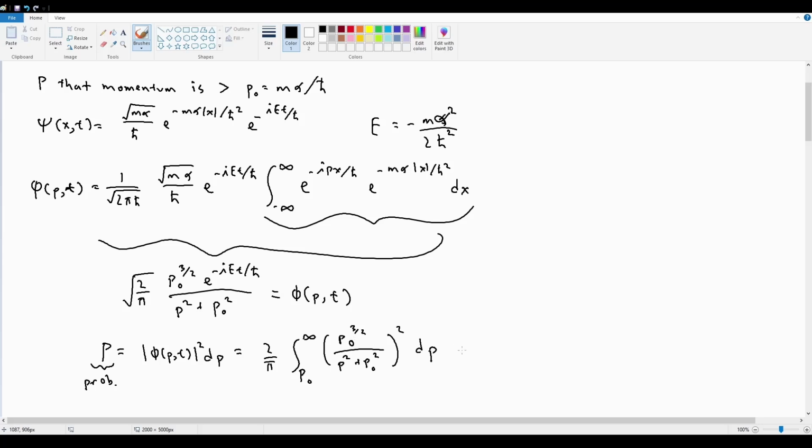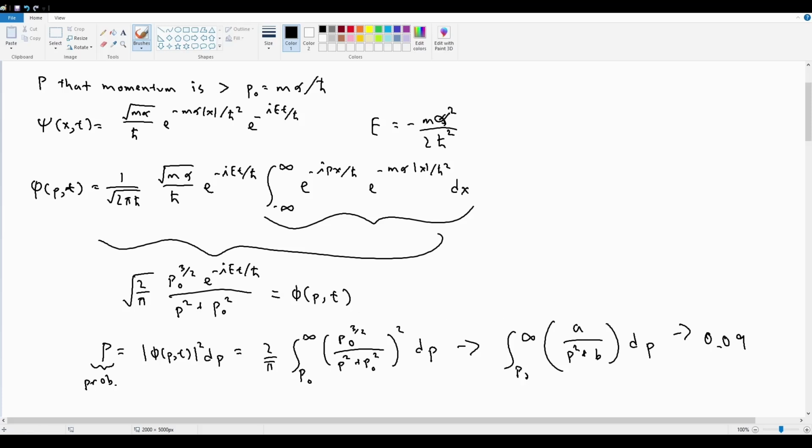So realistically, what this is really asking is the integral from p naught to infinity of some constant divided by p squared plus some other constant, dp. You can throw this into a calculator again, and it's going to give you something like 0.09.